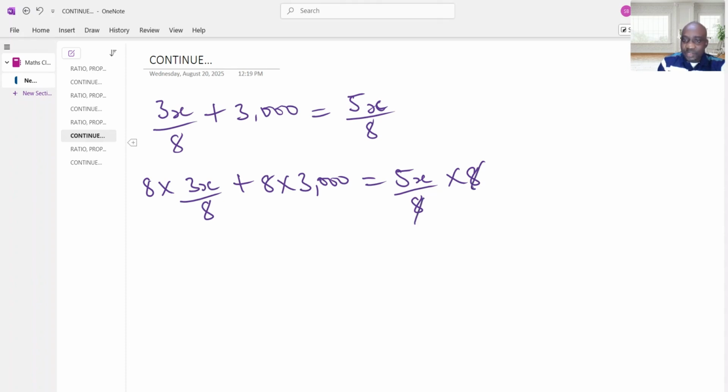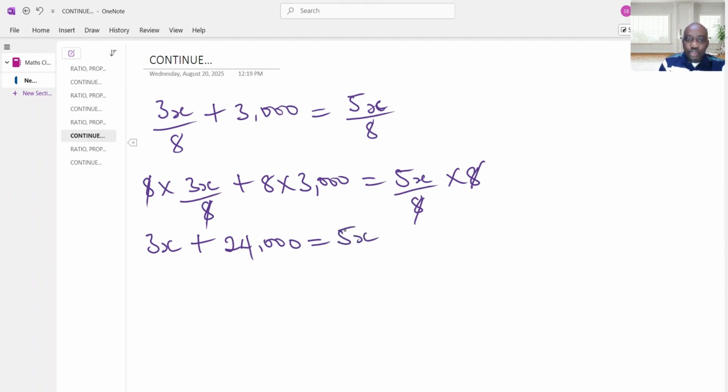Now divide this. 8 cancels out, 8 cancels out. What do we have left? We have 3x plus 8 multiplied by 3,000. 8 multiplied by 3 gives 24, therefore we have 24,000 equals 5x.